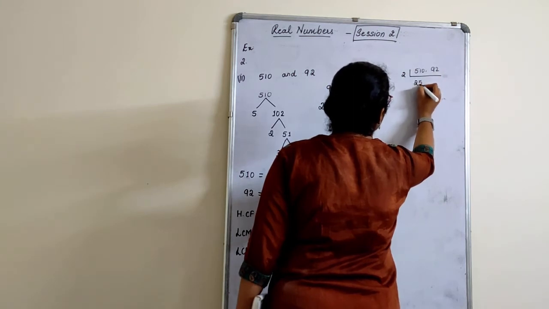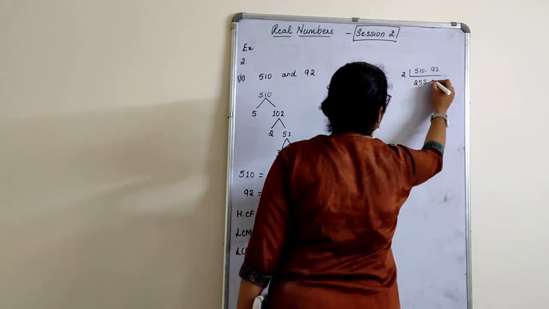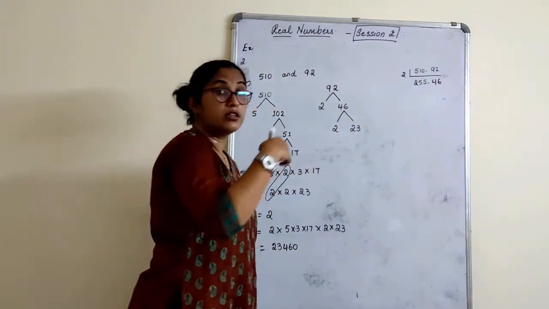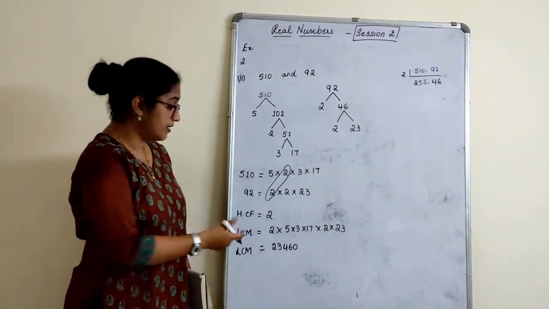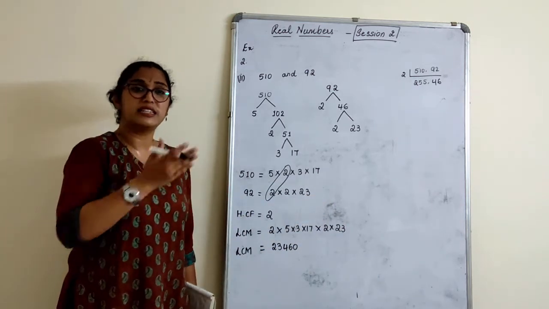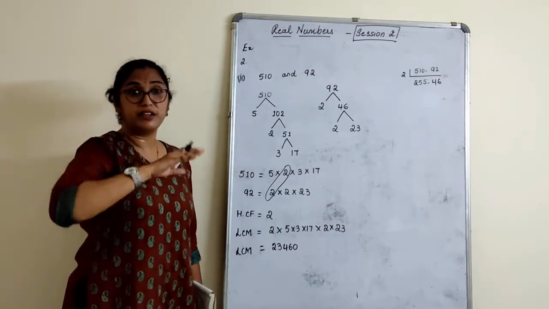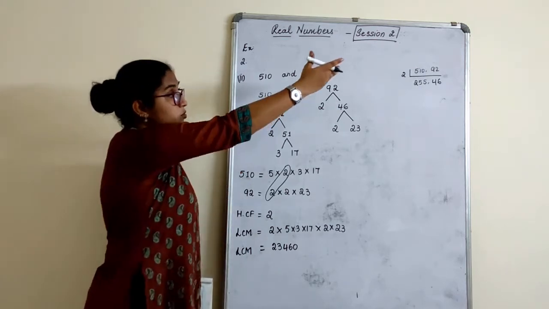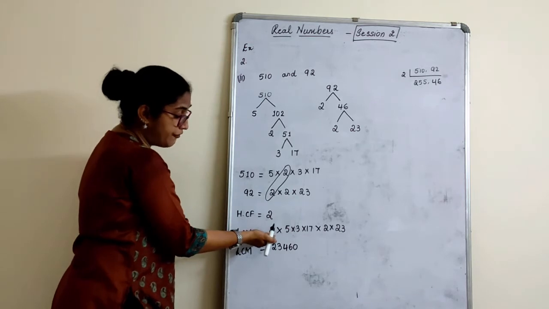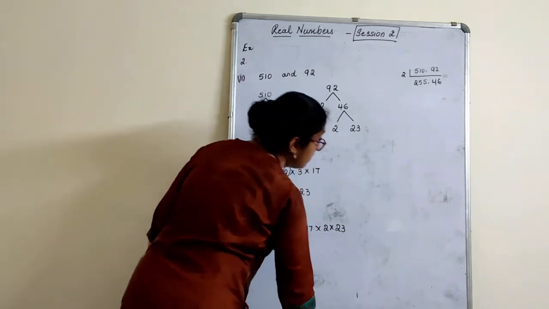Then 2 5s are 10. 2 4s are 8. 2 6s are 12. When you go on continuing that, you get the numbers and you get the same factors at last. I'll not be doing it, but did you understand? This is our old technique, the method of finding LCM. Either you can do that or anyway you have the factors here. First write the common factor, then write the remaining terms.